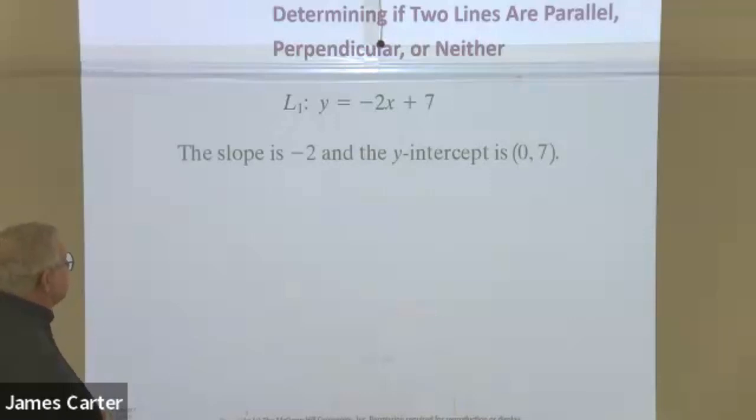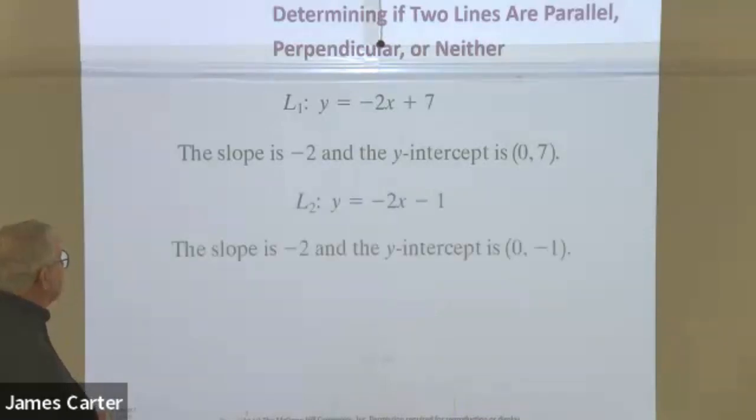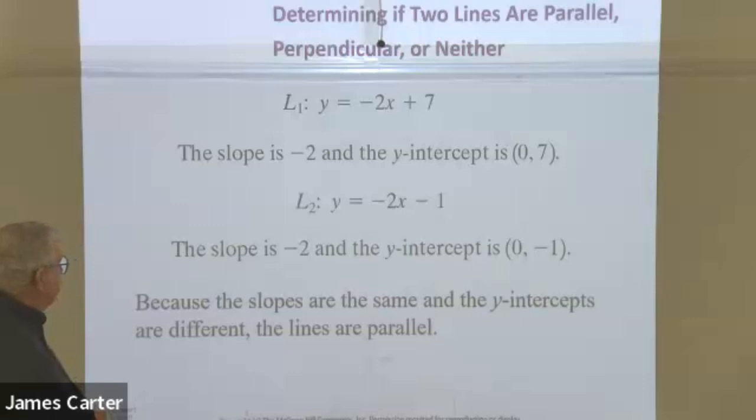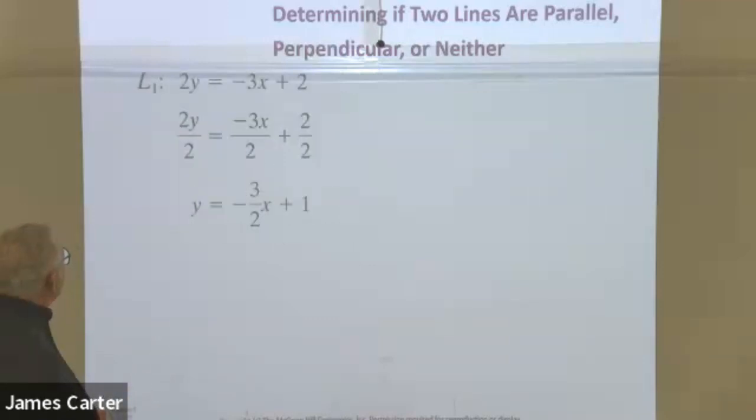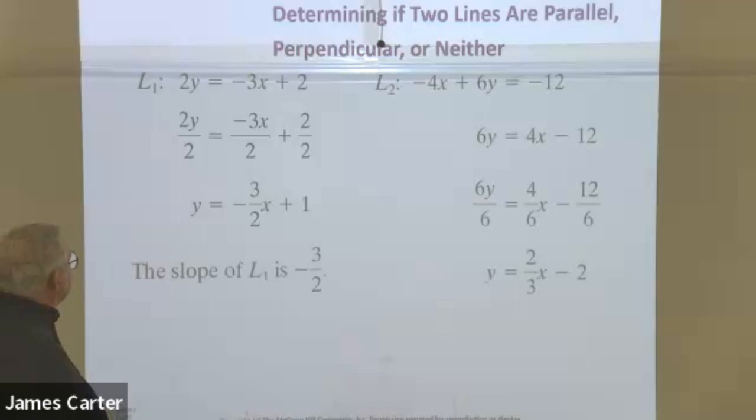Now, in this case, they talk about the y-intercepts. You've got a different y-intercept. In this case, 7, in this case, -1, but the slopes are the same. Okay, what about these two lines? Well, we've got to simplify them first. Here's simplifying the first one.